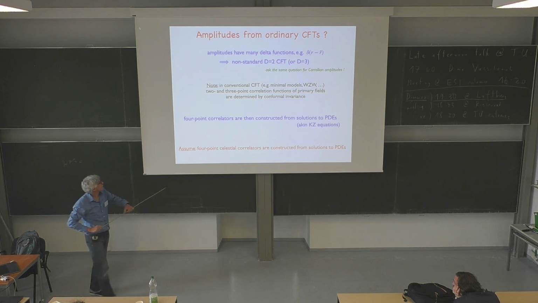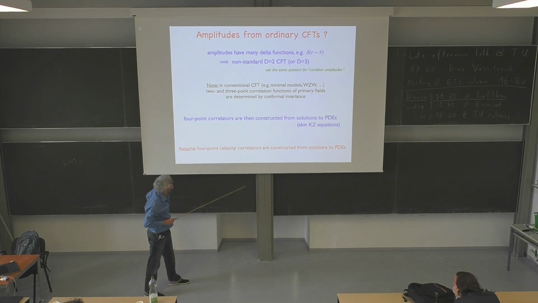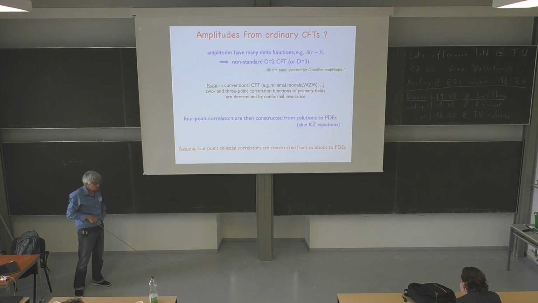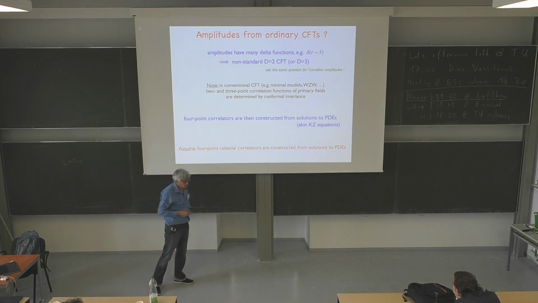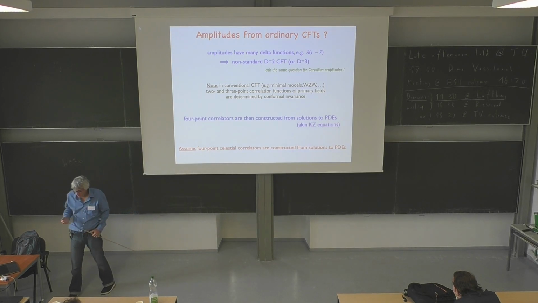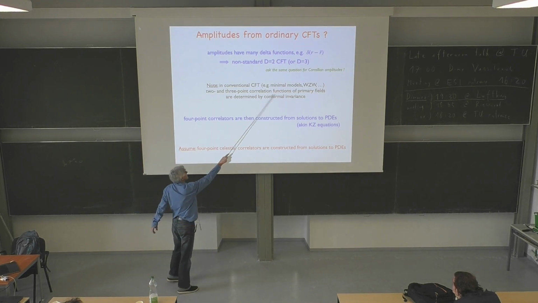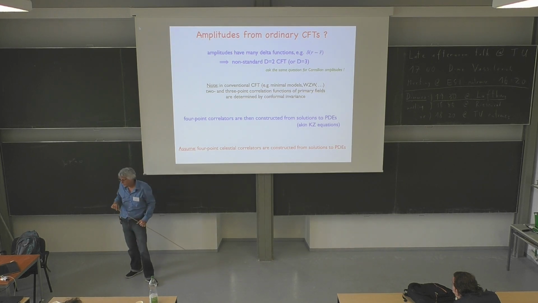An ordinary conformal field theory means minimal models or Wess-Zumino-Witten models, where 2- and 3-point correlation functions of primary fields are determined by conformal field theory, and the 4-point amplitudes are determined by corresponding partial differential equations, which generically are Knizhnik-Zamolodchikov type equations.